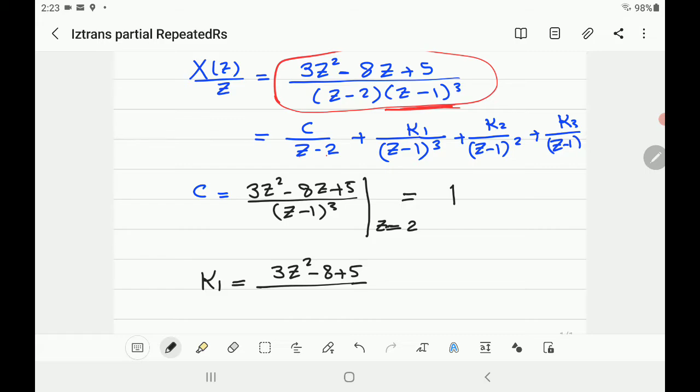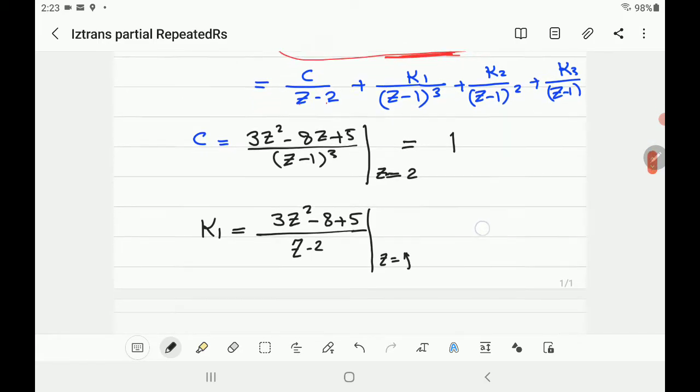The bottom part, you don't write this term, z minus 1 cubed. No, you write what's left, z minus 2. Why? Because you're going to substitute by z equal 1, because z minus 1 cubed is at pole equal 1. And if you have this one there, you will have 0 on the bottom, which would be a problem.